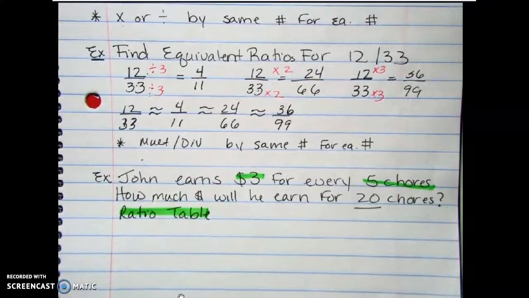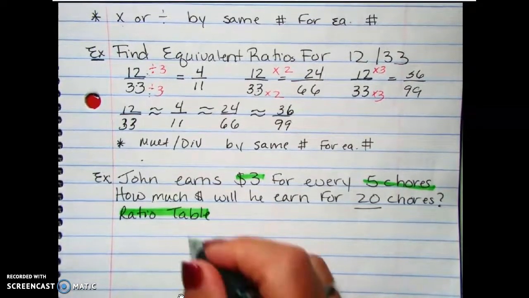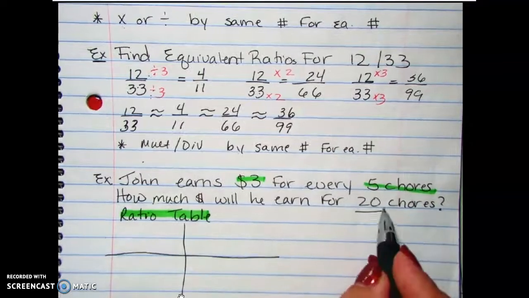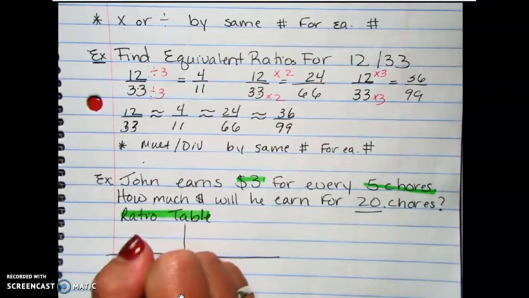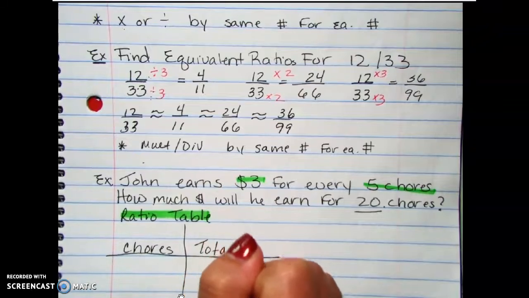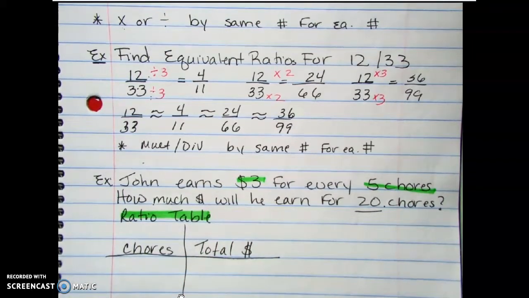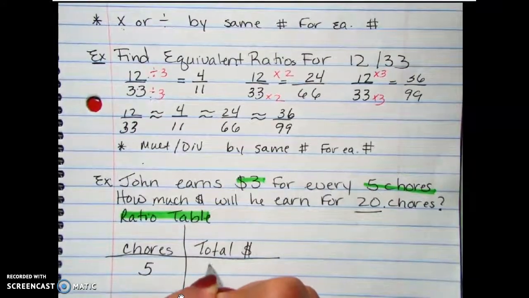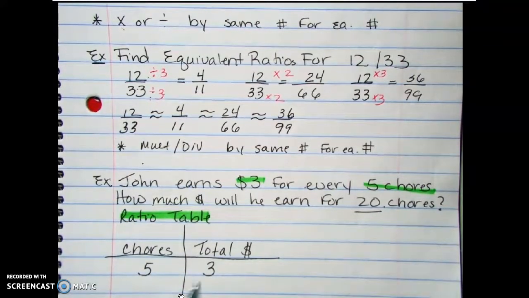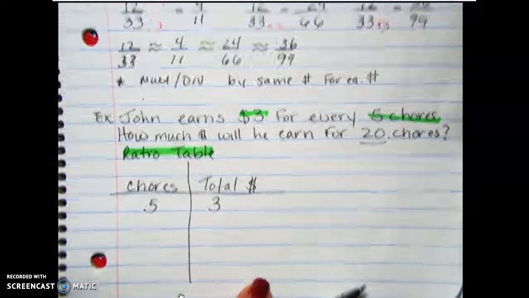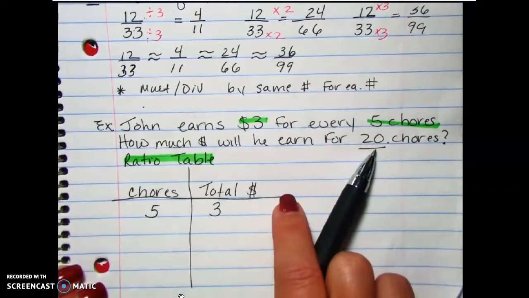All right, so I'm going to just draw, it's not going to be a giant one. It's going to be just like this. And I'm actually going to write my chores, then my total money, total dollar amount. Okay, so I'm going to start with my chores, which are 5 for every $3. So that's a nice ratio there. And I want to find out how much he's going to earn for 20.